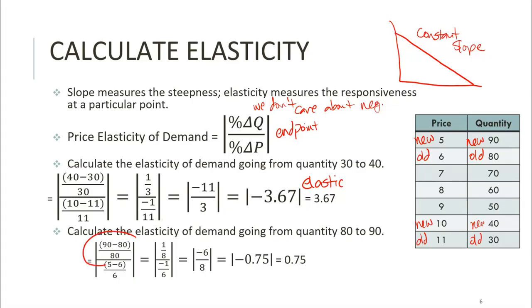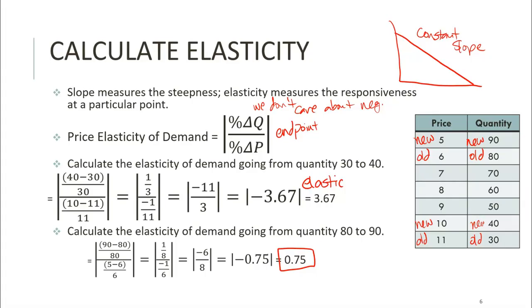So when we do that, we're going to do 90 minus 80 divided by 80, which gives us 1/8. And on the bottom, we're going to do 5 minus 6 divided by 6, which is going to give us -1/6. Plug that in, divide, and we're going to get -0.75, or just 0.75 if we take the absolute value.